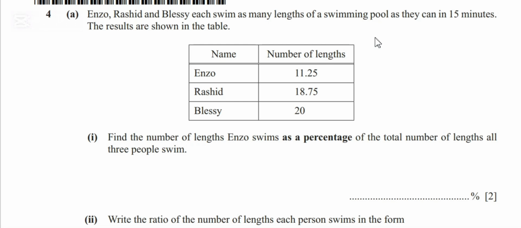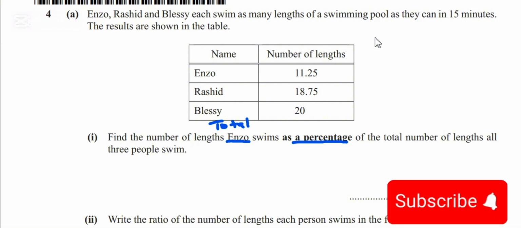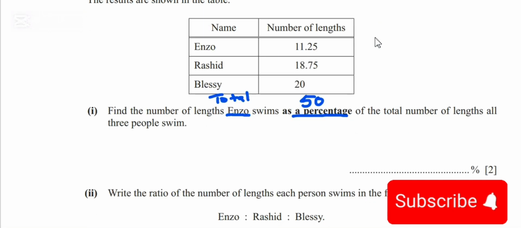So they want us to express the number of lengths that Enzo swims as a percentage of all the lengths that the 3 people swim. The first thing you are supposed to do is to find the total number of lengths. So we just add these. After adding these, we get 50 here, and Enzo's number of lengths is 11.25.